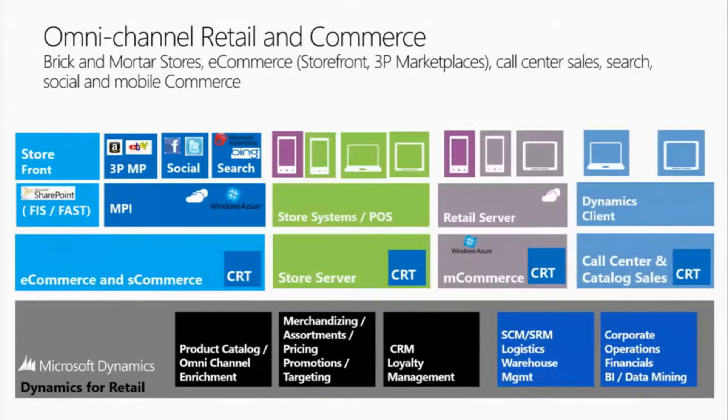So we took the time to build it over a period of 5 releases, and I'll go into those releases in a different slide. But what we wanted to do was make sure you had a solution that could, if you wanted to, do all parts of what you needed to do in a retail enterprise. Everything from corporate operations to, of course, big data and BI, the ability to mine that data, and the ability to do your financials.